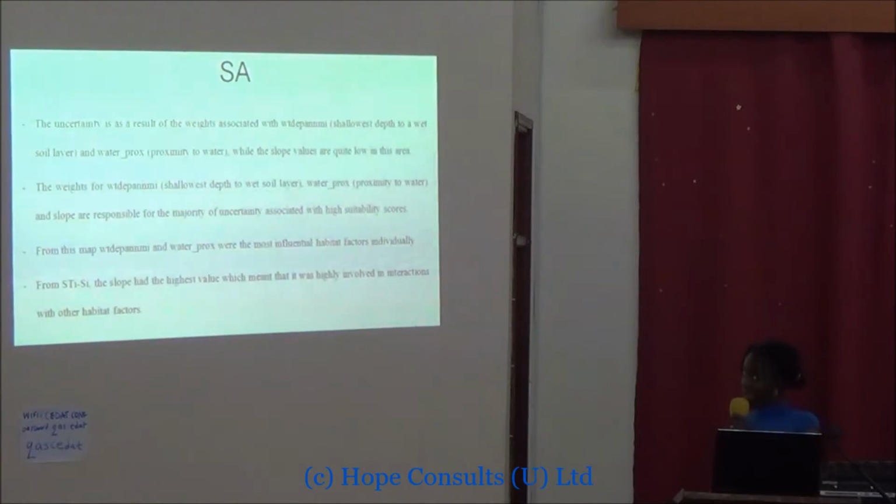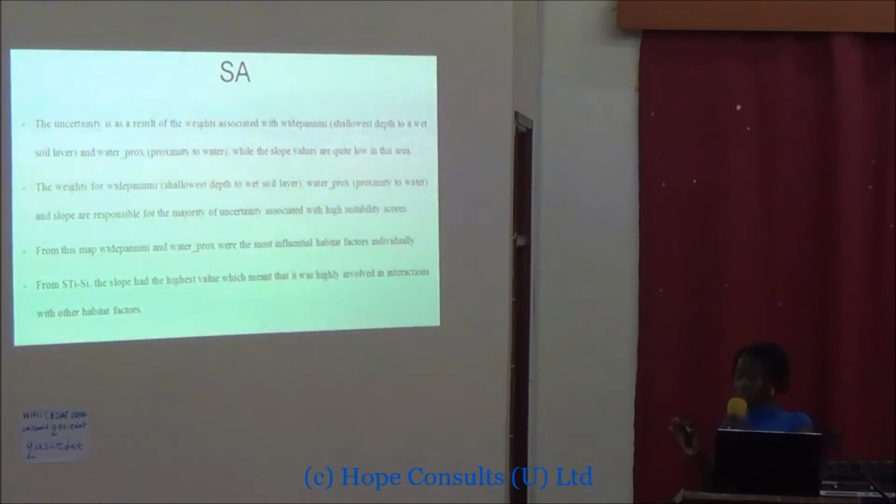So from my study, I proved that proximity to water and the shallowest depth to a wet soil layer contribute the most to the survival of this bacteria. The slope contributes a lot if it's involved with other factors. So if it's involved with proximity to forests, it will contribute a lot.